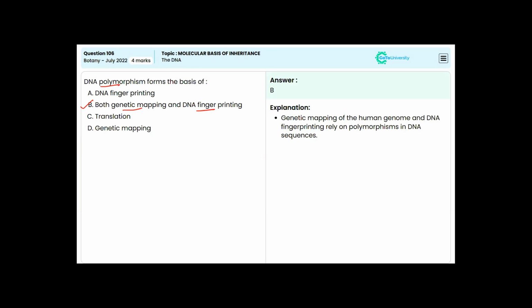Gene mapping of the human genome and DNA fingerprinting rely on polymorphisms in the DNA sequence. In a population, the repetitive sequences, the VNTRs, the SNRs, everything will be different, so we can use this to identify an individual from a population. As I discussed in the criminal case in DNA fingerprinting, it is similar here. There is DNA polymorphism.